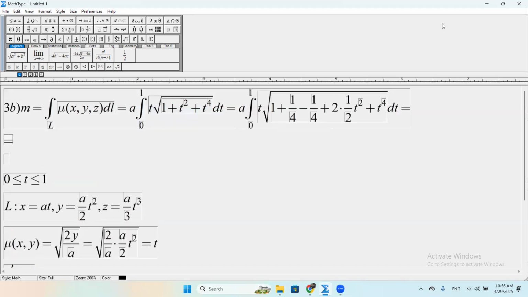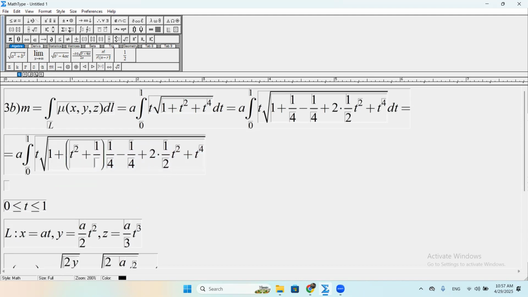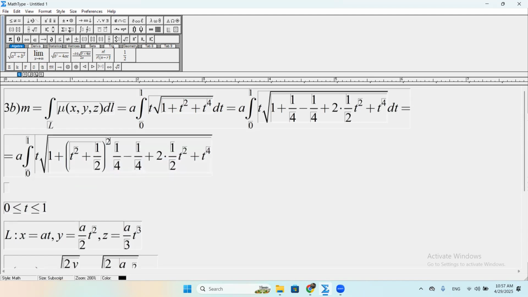So we have here t square plus 1 over 2 in power of 2, dt.